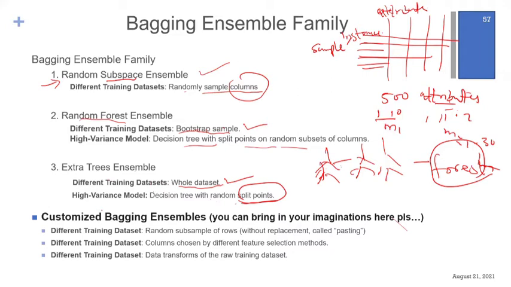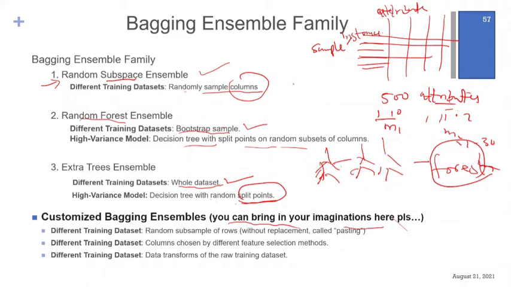And then the last but not the least, the latest technique, is what we call the customizable bagging ensemble. Here, I'm saying you can bring in your imagination. Think of any way you can, because you get the idea of ensemble, especially bagging.